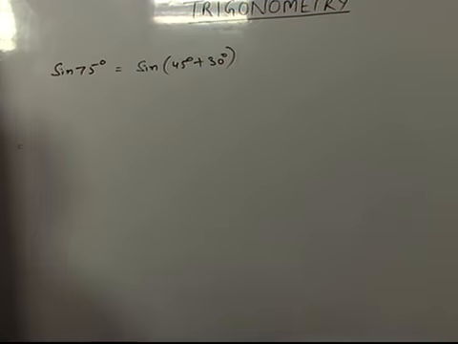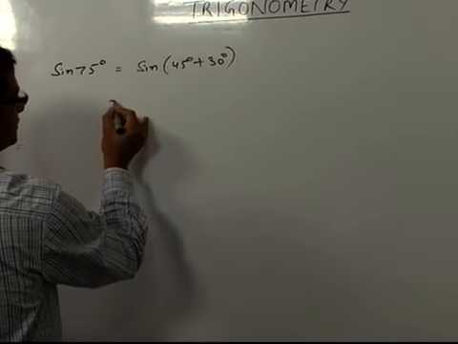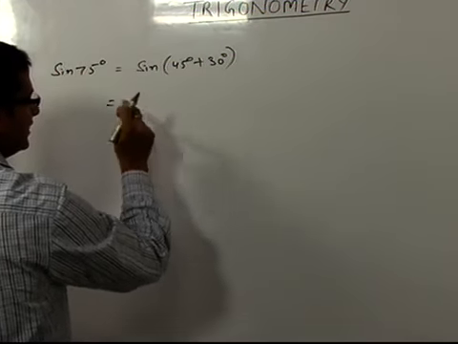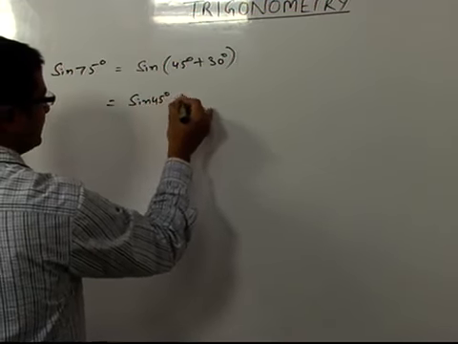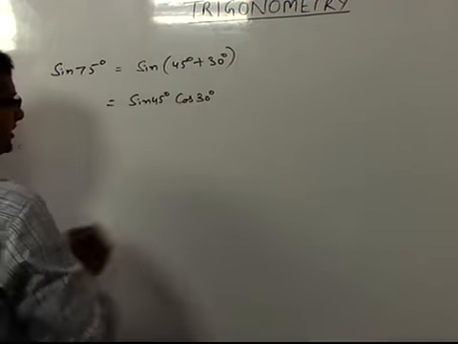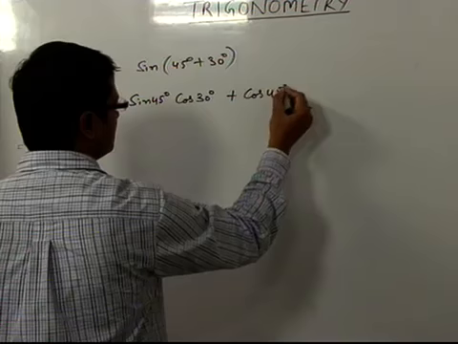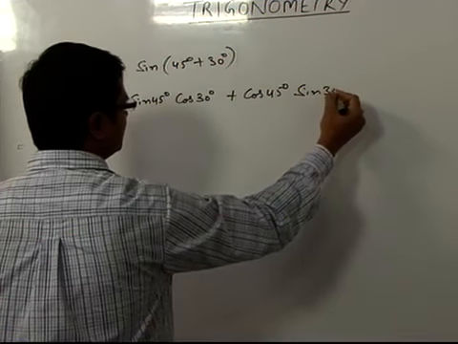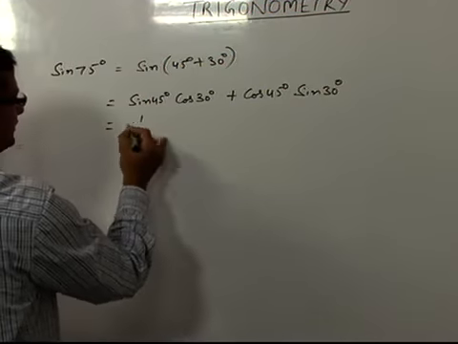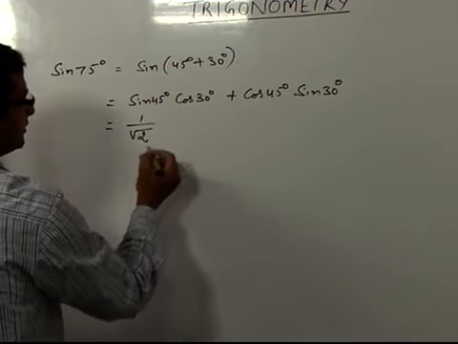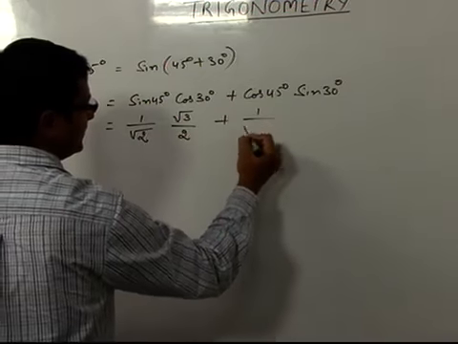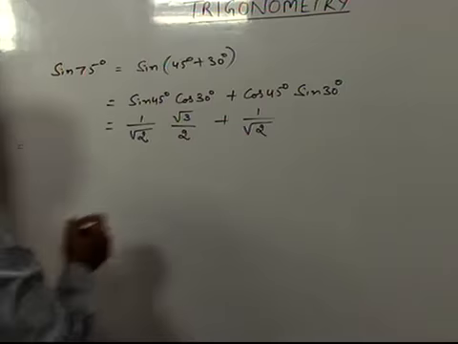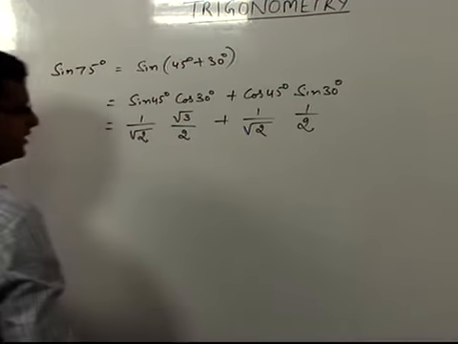75 degree can be broken into 45 degree plus 30 degree, and the formula for sin A plus B is sin A cos B plus cos A sin B. It means sin 45 degree cos 30 degree plus cos 45 degree sin 30 degree, and the value of sin 45 degree is 1 by root 2, cos 30 degree is root 3 by 2, cos 45 degree is 1 by root 2, and sin 30 is 1 by 2.